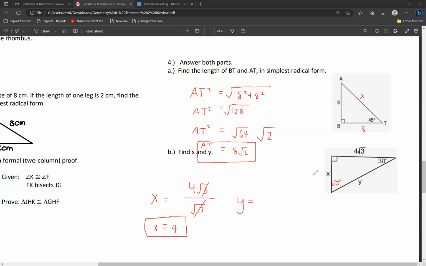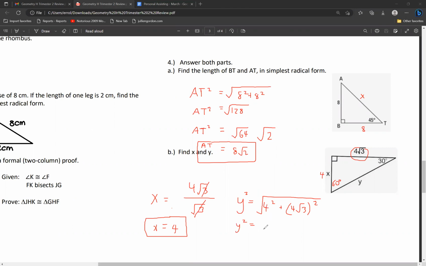So if this is 4, just use your Pythagorean theorem. Y squared equals 4 squared plus this one squared, 4 root 3 squared, then the root of that. Now simplify this root right here.